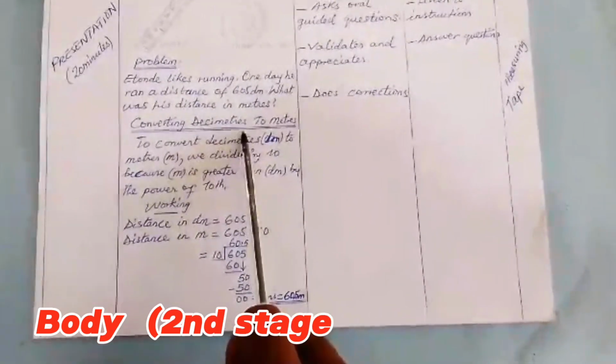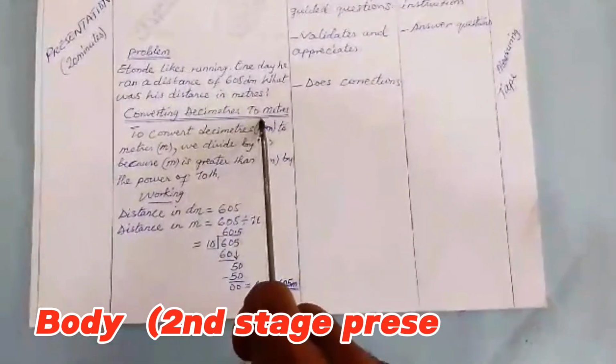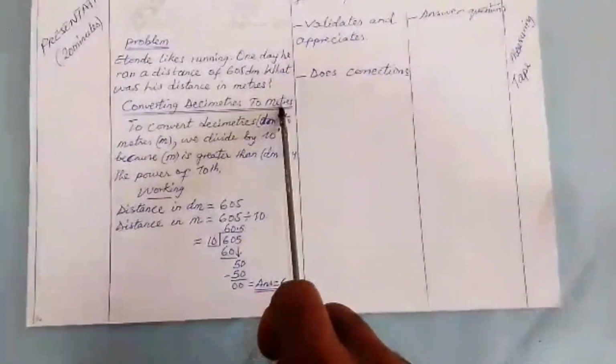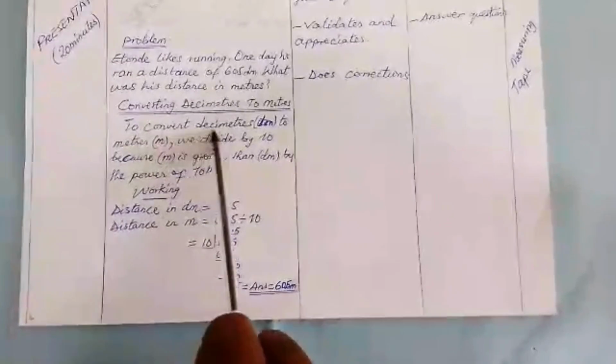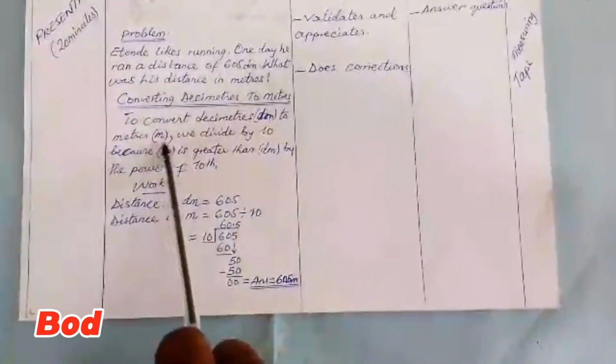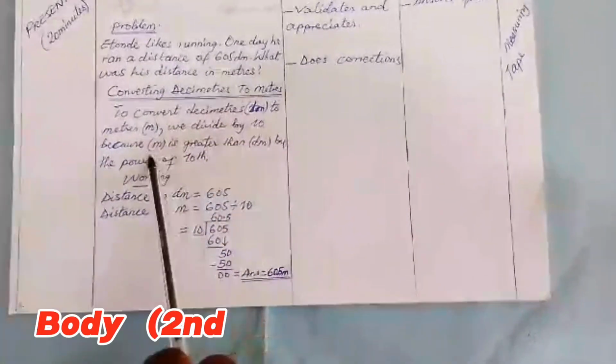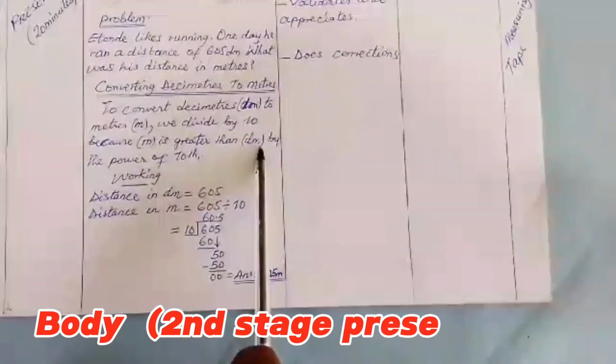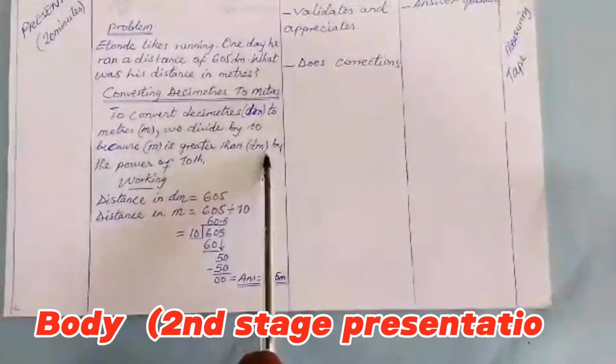He writes, you as a teacher, you write on the board, converting decimeters to meters. So after the kids have made their hypotheses, you bring them gradually to the lesson: that today we're going to see how to convert decimeters to meters. To convert decimeters to meters, it is abbreviated here and written in full.